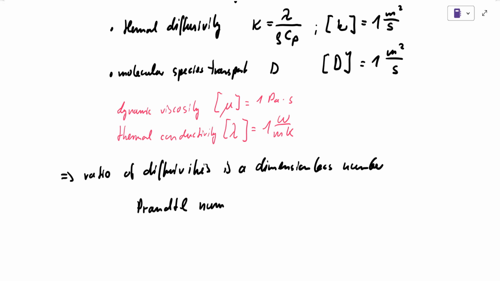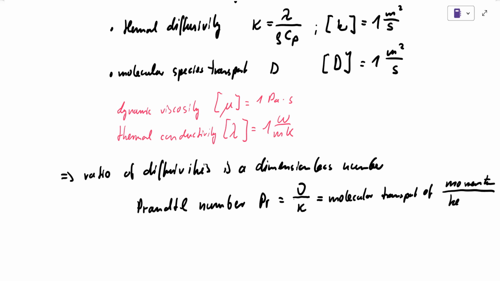Here we have the so-called Prandtl number, and Prandtl number is just the ratio of the diffusivities of momentum and heat, so nu divided by kappa. And so the physical interpretation is that it is the ratio of the molecular transport of momentum to heat.